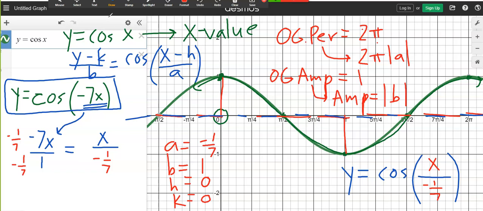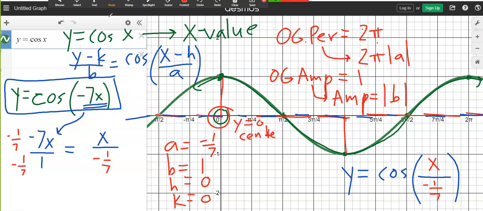Are they always 0? No, they're not. But remember, we're starting out slow. The roller coaster, pun intended, will continue to get more difficult. We find our HK, which in this case is 0, 0, sitting right on the center line. Y equals 0 is the center line of your wave.